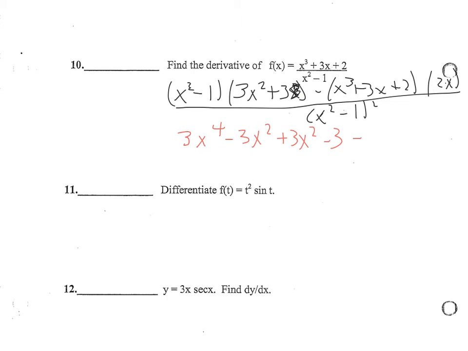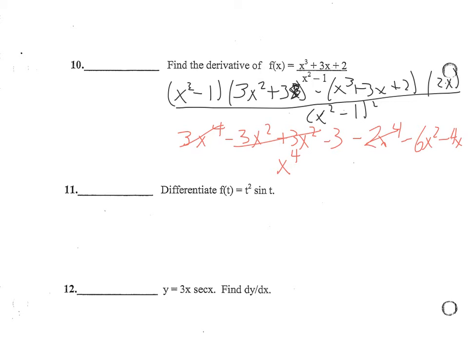And we've got minus 2x to the 4th minus 6x squared minus 4x, right? Okay. These two are going to cancel each other, right? And then this will cancel some of that, so I'm still left with x to the 4th.